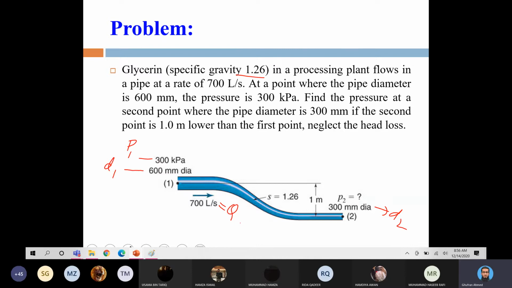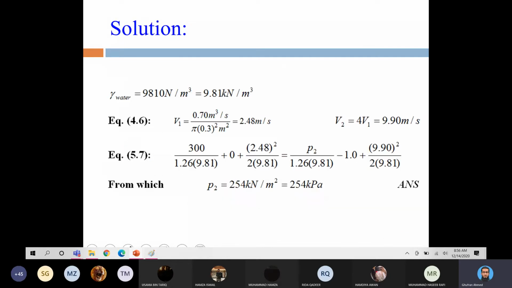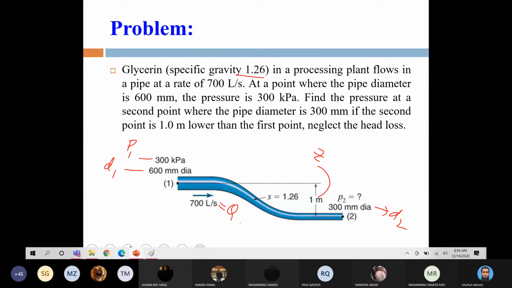And the elevation difference between these 2 points is 1 meter. So this is actually Z. We need to consider some datum point. So this is our datum. So Z1 would be 0 and Z2 would be -1 as we are moving downward from the datum.